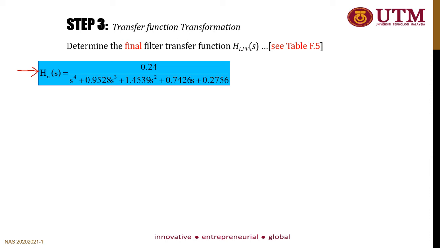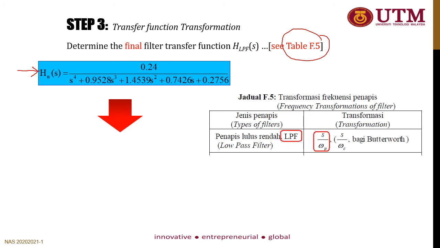To get the final transfer function, you need to refer to table F.5 to get the conversion values. This is how part of table F.5 looks like. You need to refer to the correct type of filter. In this case, we have a low pass filter, and you need to refer to the transformation equation.